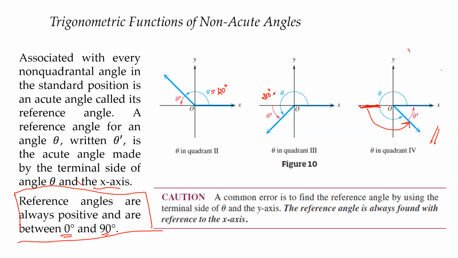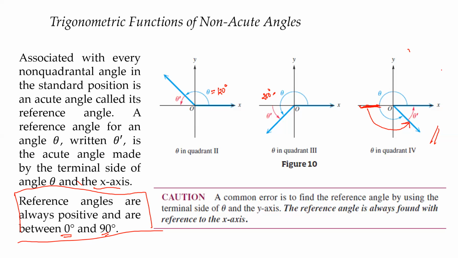Take note that at the very start of our discussion in trigonometry, when we defined angle, we said that our angle is in standard position if it is measured with reference from the positive x-axis.